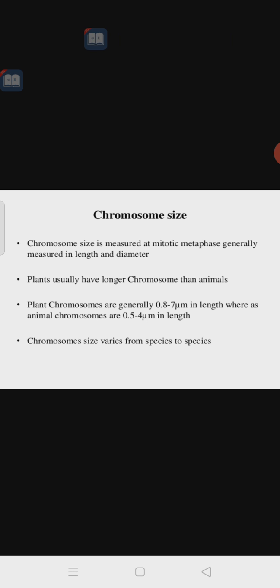Plant chromosomes are generally 0.8 to 7 micrometer in length, whereas animal chromosomes are 0.5 to 4 micrometer in length, means it is smaller in animals. Chromosome size varies from species to species. Each and every species has a different size.